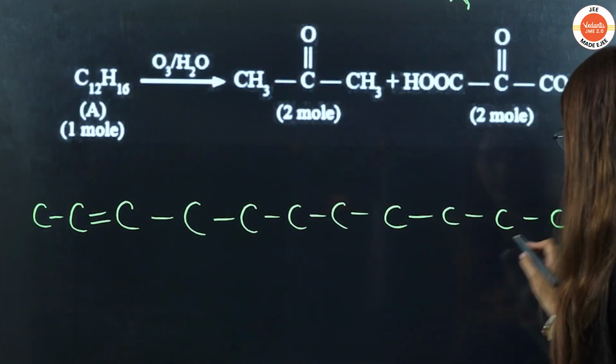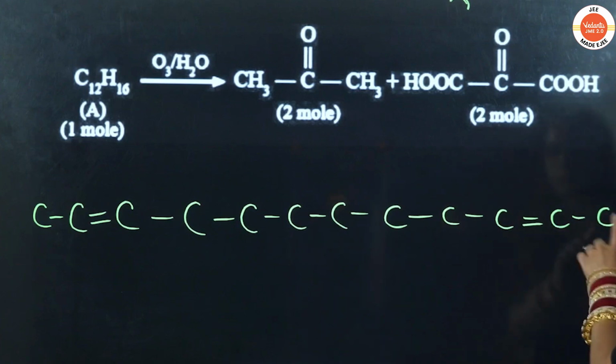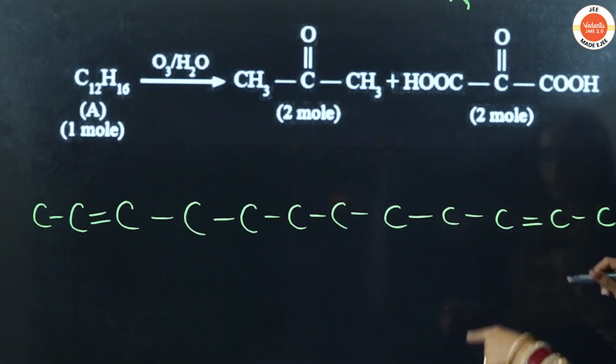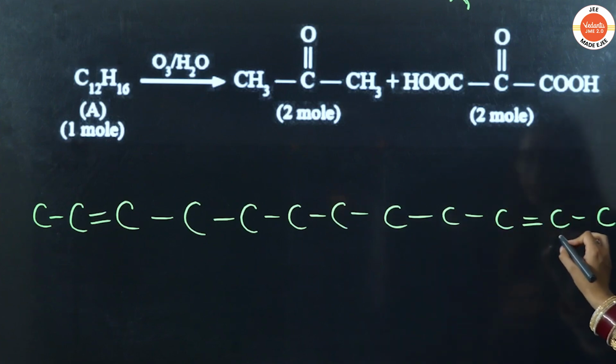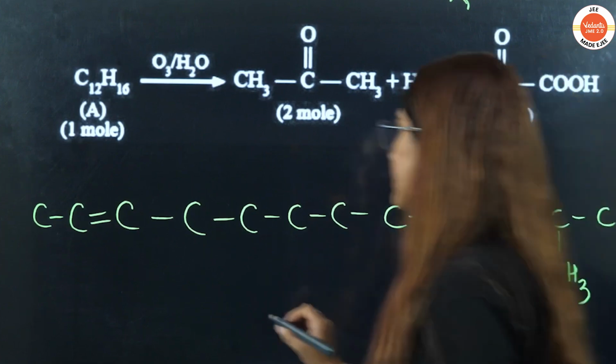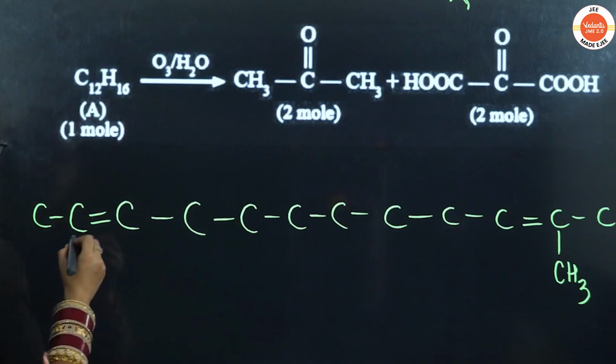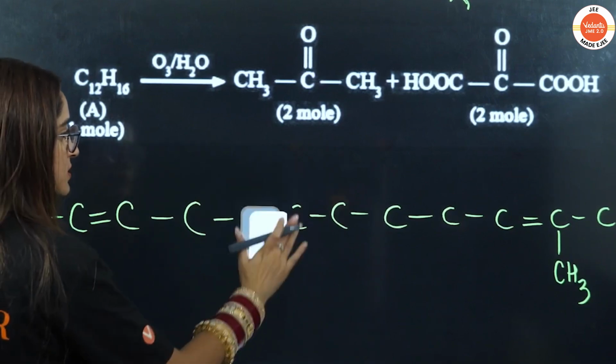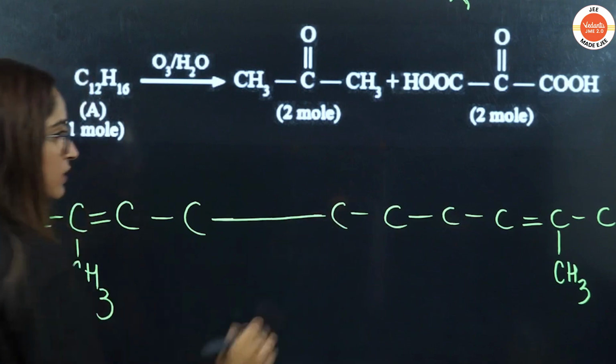Okay. Double bond in the end. Because this double bond is going to give you CH3C, CH3C double bond O, and then again you need to have one CH3 here, right? One CH3 here, right? And one CH3 here.